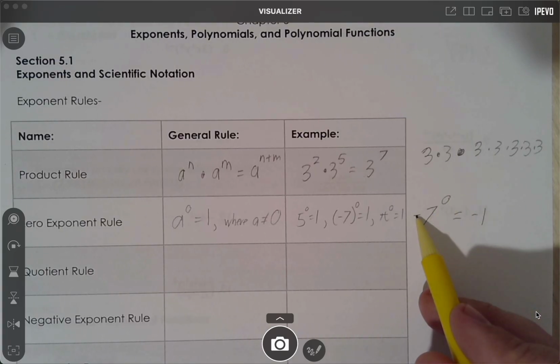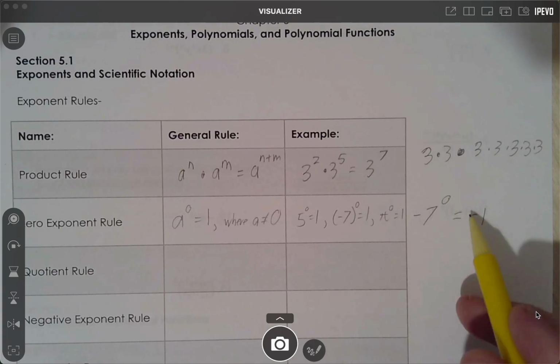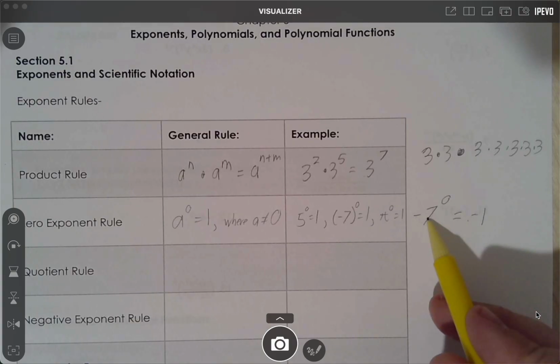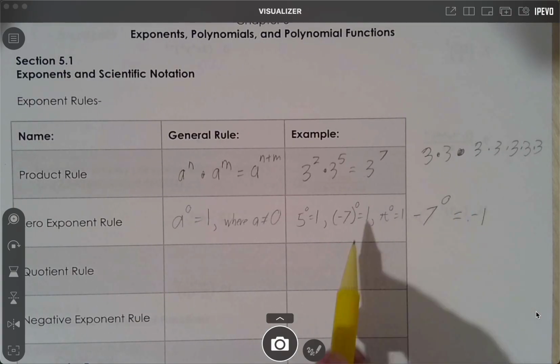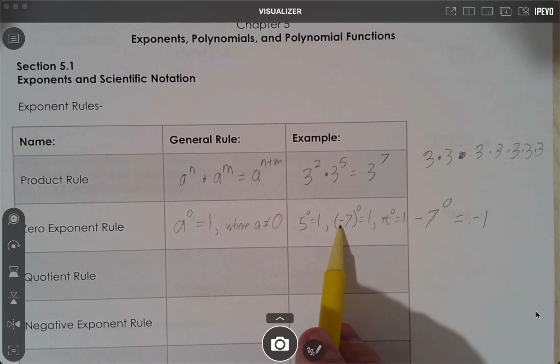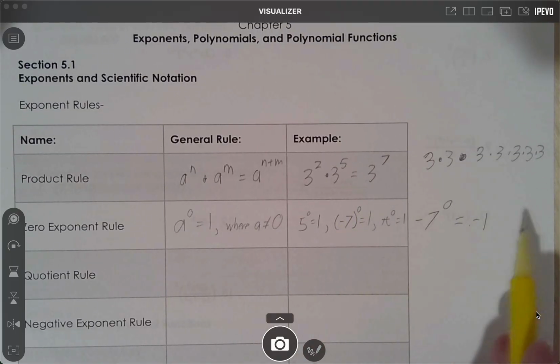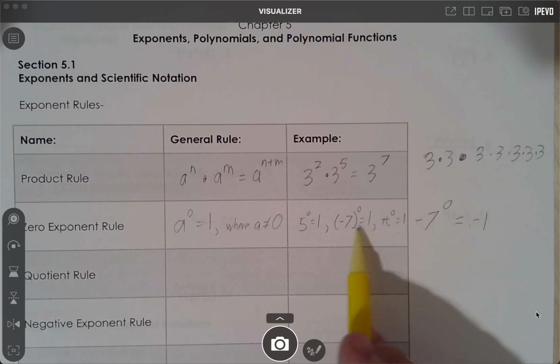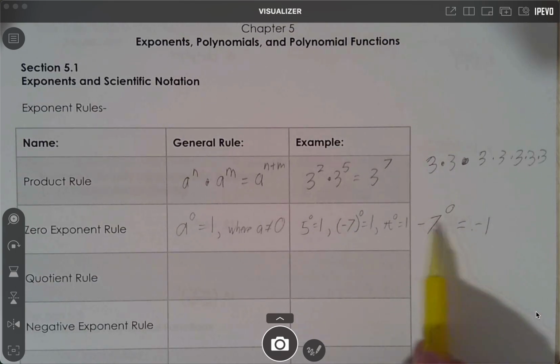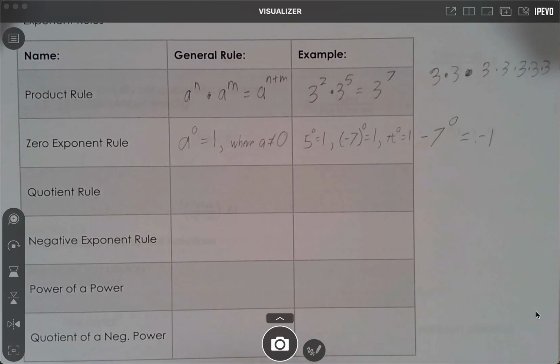There's a negative out front that doesn't have an exponent, so the negative tags along. The 7 to the 0 did become 1, but the negative out front did not. That's different from this example where the negative is included, so now that negative number to the 0 power ended up being positive 1 in this case. So notice that the parentheses will matter. Or in other words, if you see the problem start with parentheses, make sure you type it into your calculator with parentheses as well. Alright, let's keep on going.